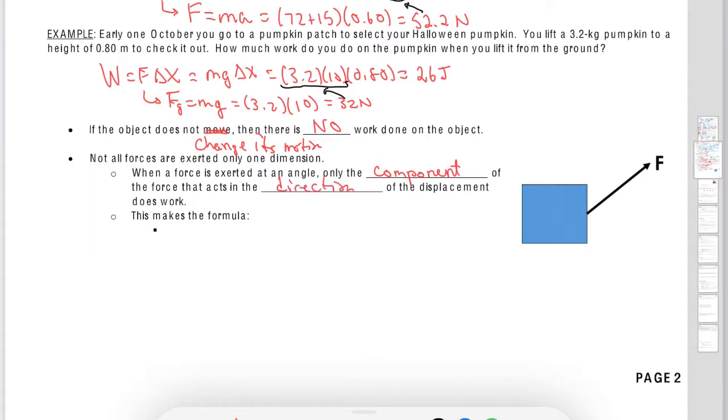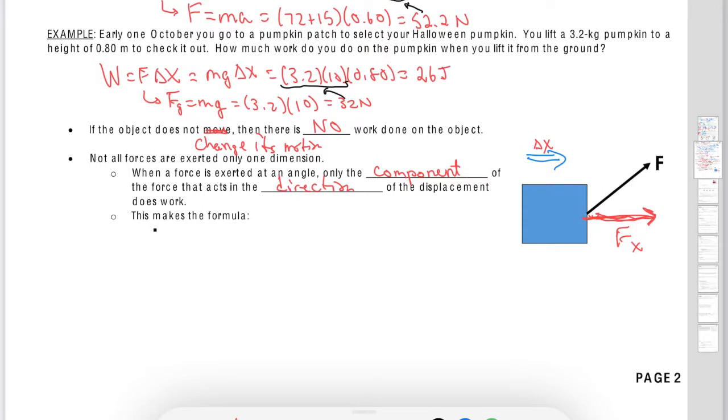If I go over to this little diagram first, if my motion is to the right, that means the only piece that does any work on this object will be the x component. And so my delta x would be to the right, or you can say my delta x is horizontal. A lot of times we talk about same direction. It doesn't necessarily mean they both have to be pointing in the positive x direction. It's just that they both have to be pointing horizontal.